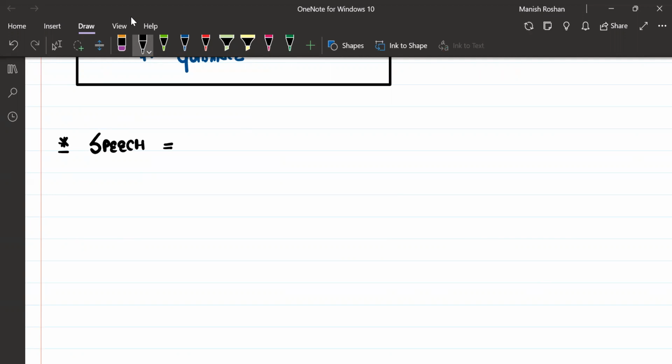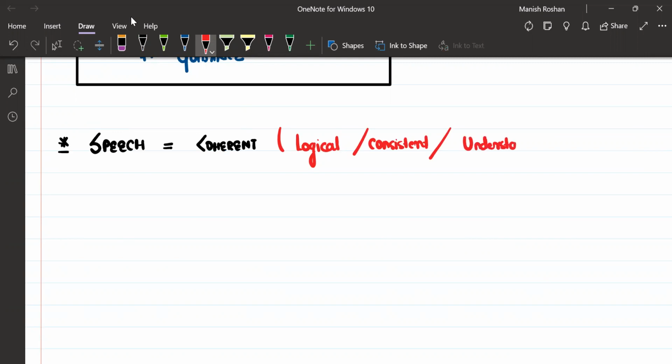So first is whether the speech was coherent or not. The meaning of coherent is whether the speech was logical, consistent, understandable, or not.